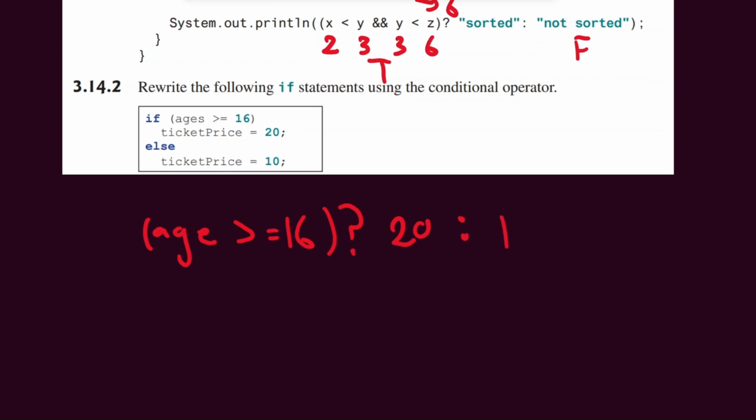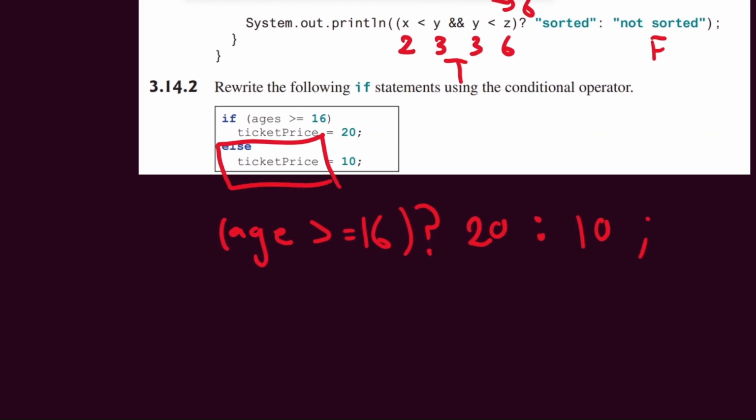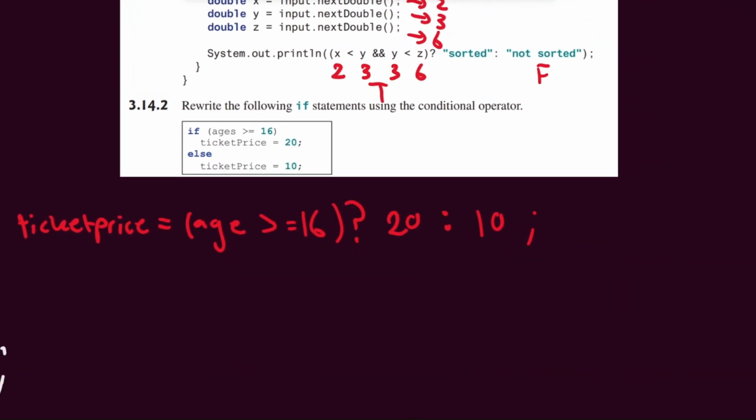Colon, 10. And we're trying to find the ticket price, so the ticket price is what this is going to be equal to. And so we wrote this into one line of code.